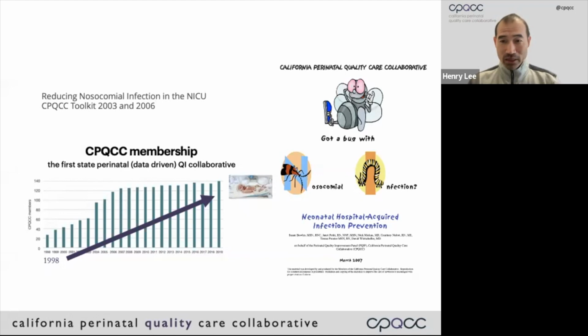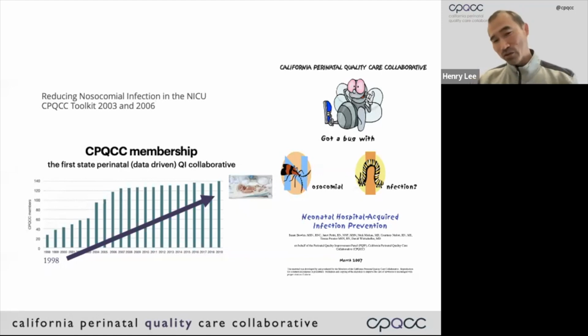And really toolkits from a very early time period in the collaborative have been a critical part of how we do quality improvement. And the toolkit is also the starting point for collaborative work together across NICUs.